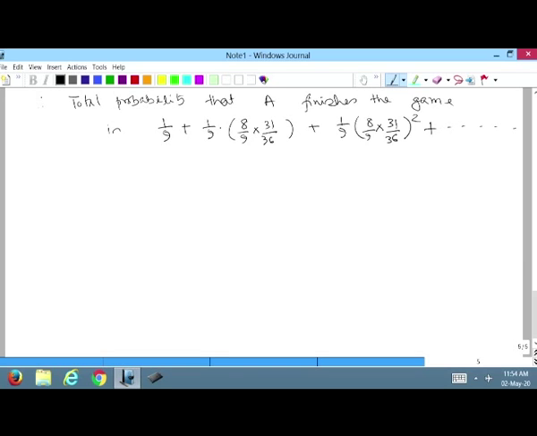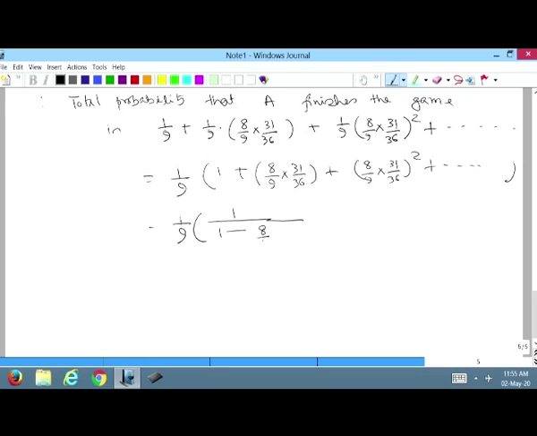As you can understand, this is going to be a GP series: 1 by 9 into 1 plus 8 by 9 into 31 upon 36 plus (8 by 9 into 31 upon 36) whole square plus this infinite series, and we know that the sum of this series is going to be 1 upon 1 minus 8 by 9 into 31 upon 36.